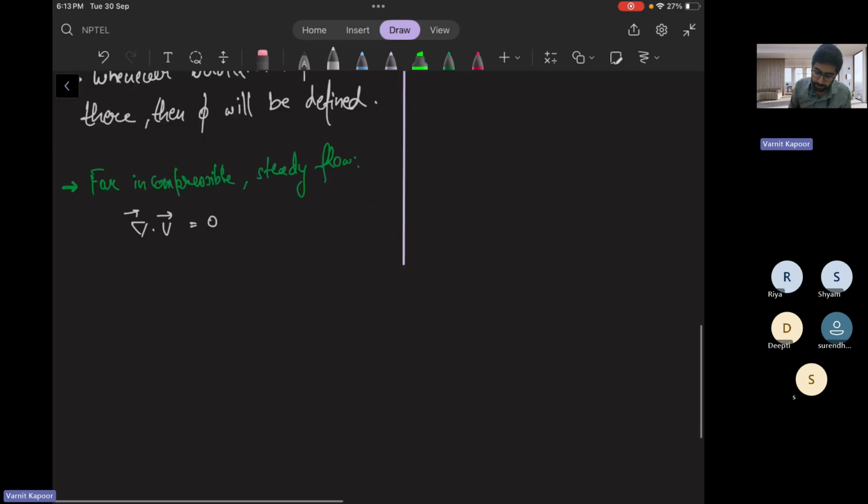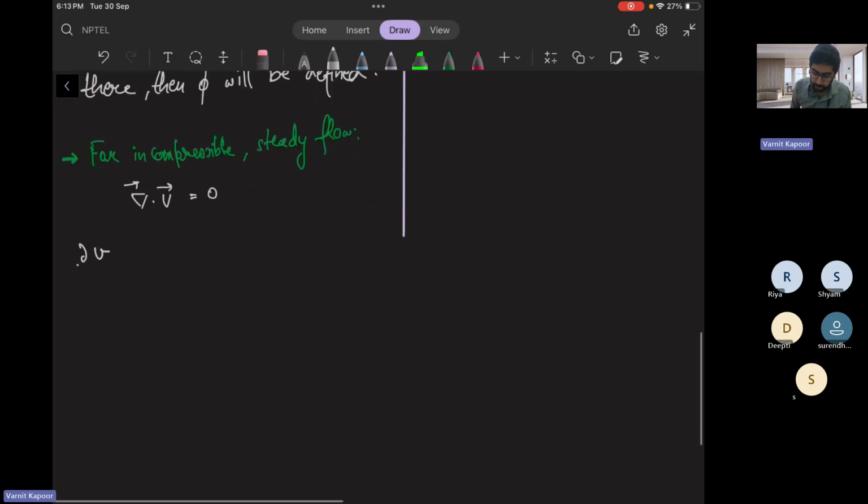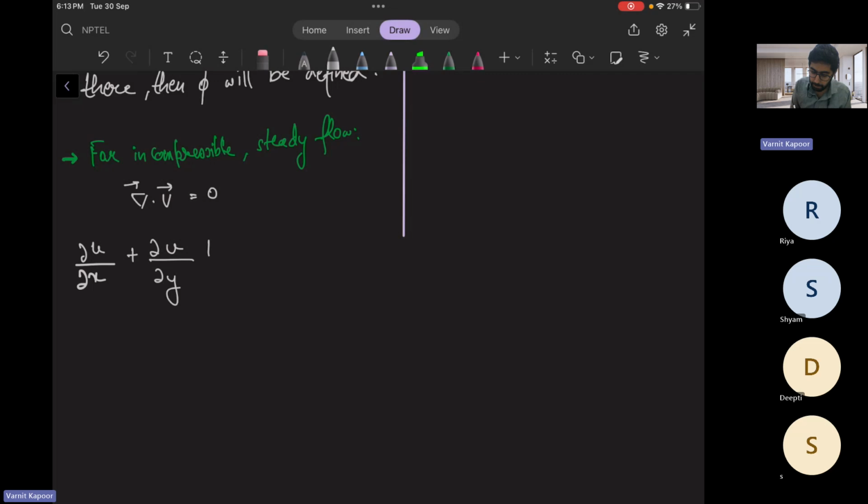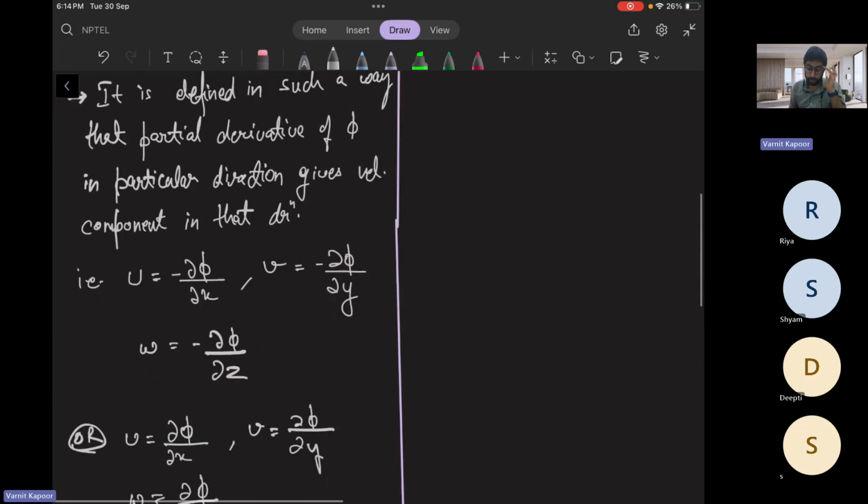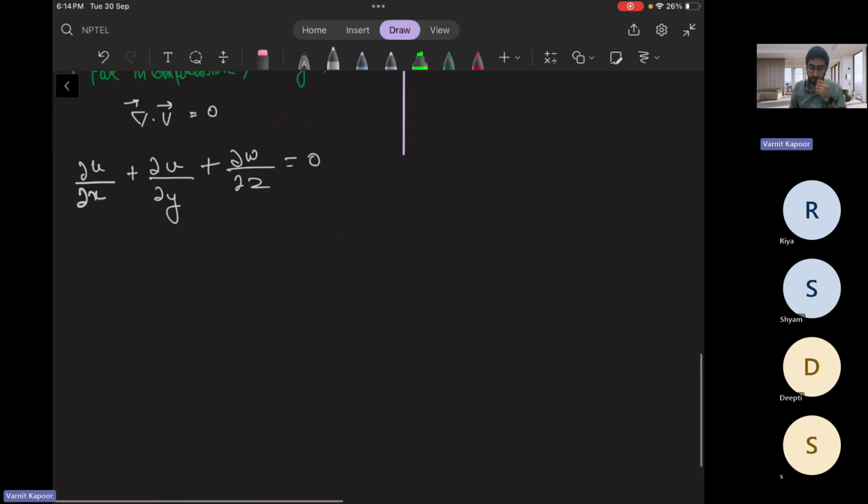That means in terms of Cartesian coordinates, du by dx plus dv by dy plus dw by dz is nothing but 0. What is u? We just wrote u is dou phi by dou x, v is dou phi by dou y, w is dou phi by dou z.